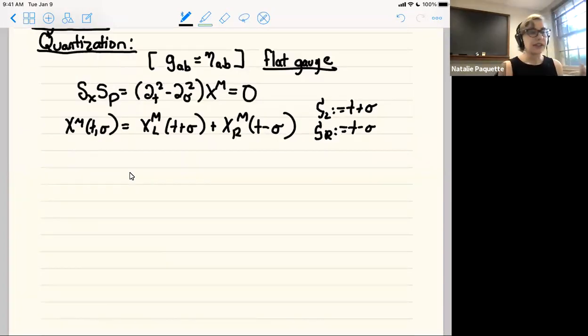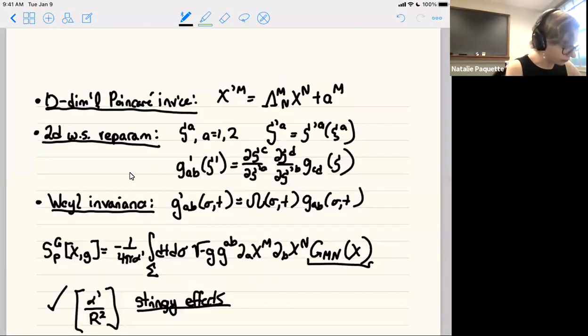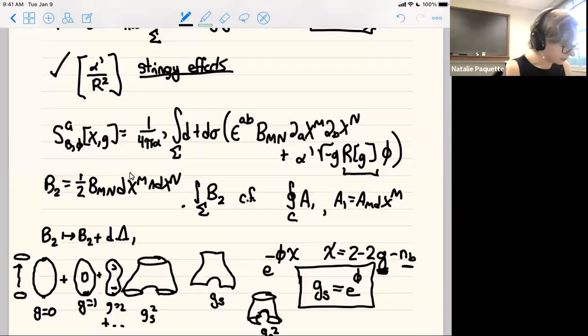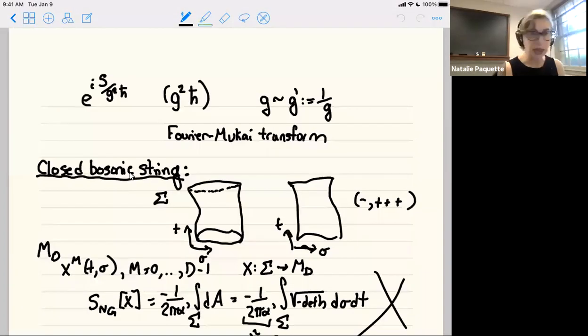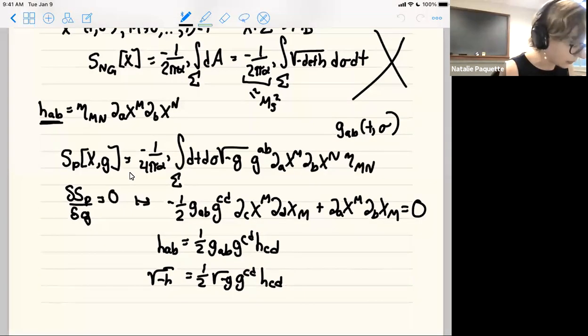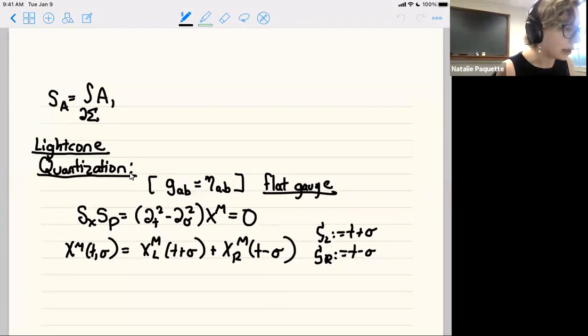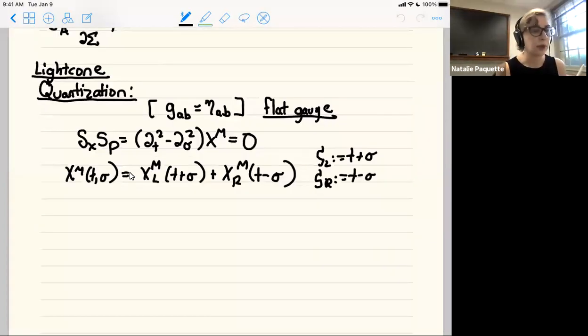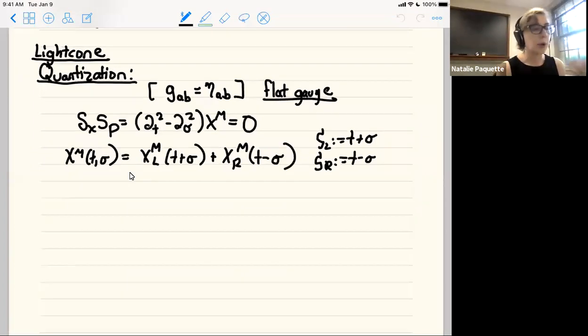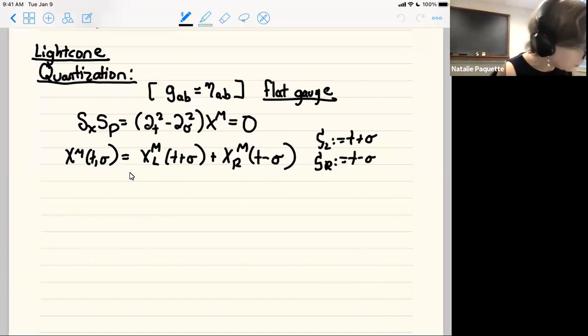So prior to fixing the flat gauge, we had that other equation of motion for g. I wrote it somewhere. Right, we have this equation of motion for little g. And what can you do? Well, if you plug in the gauge fixed form of the metric, flat gauge, into that equation of motion, what you'll do is impose the resulting equations as constraints. I fixed the form of the metric, but we still need to impose the resulting equation as constraints on my system.